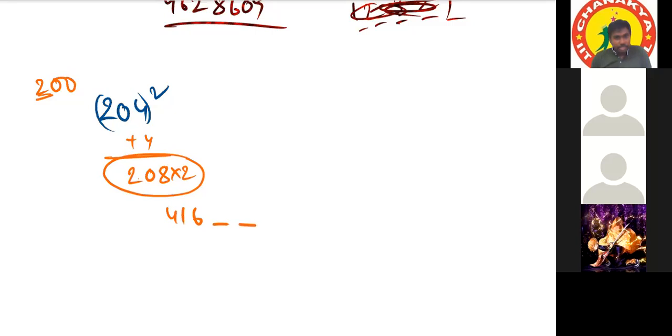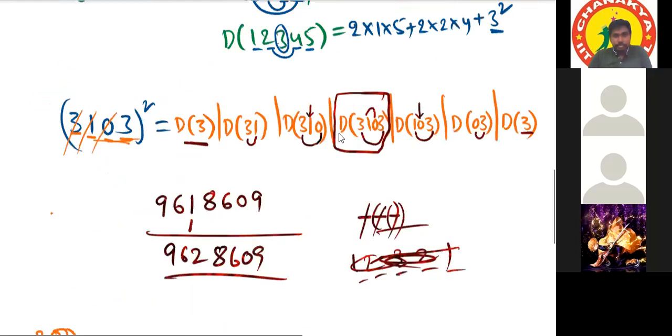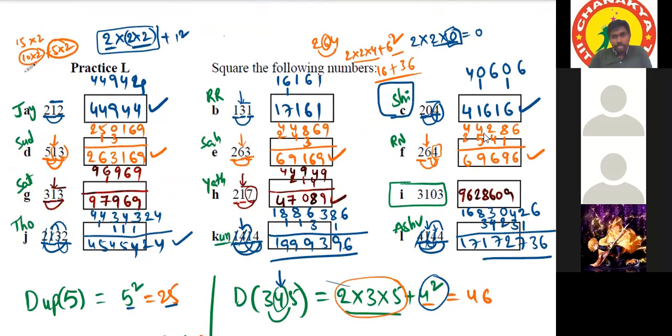After that, we reserve 2 positions, and those should be filled by 4 square, 16. So 41616. Is it the same? Which method you feel comfortable with, you can go with that method.